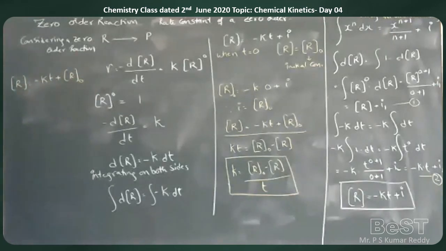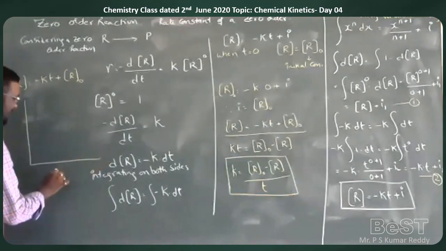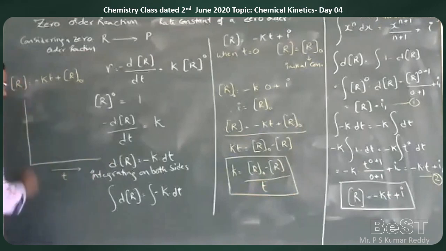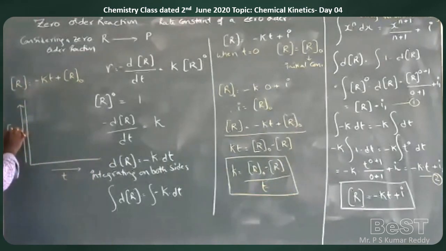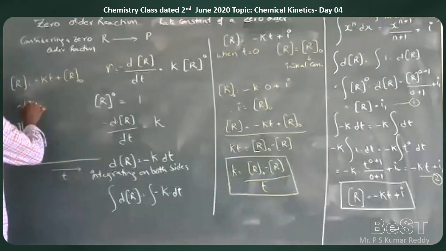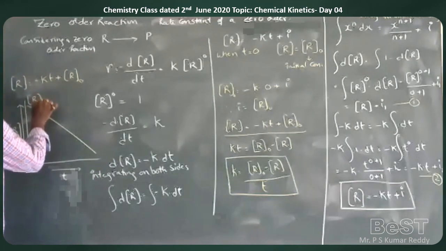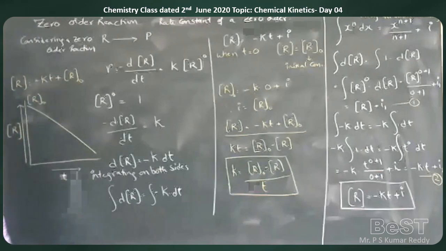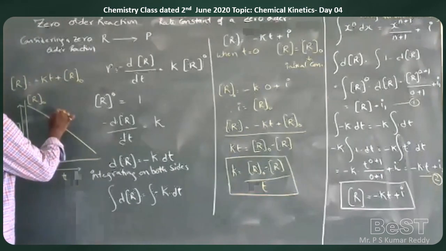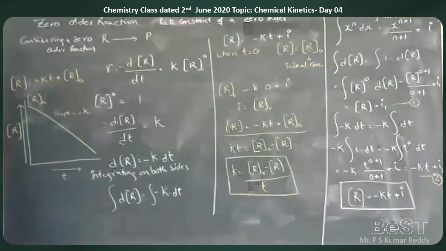So here it is in y is equal to mx plus c form. When I plot a graph with time on the x-axis and concentration of R on the y-axis, I will get a negative slope. This is R naught, and the slope is equal to minus k.